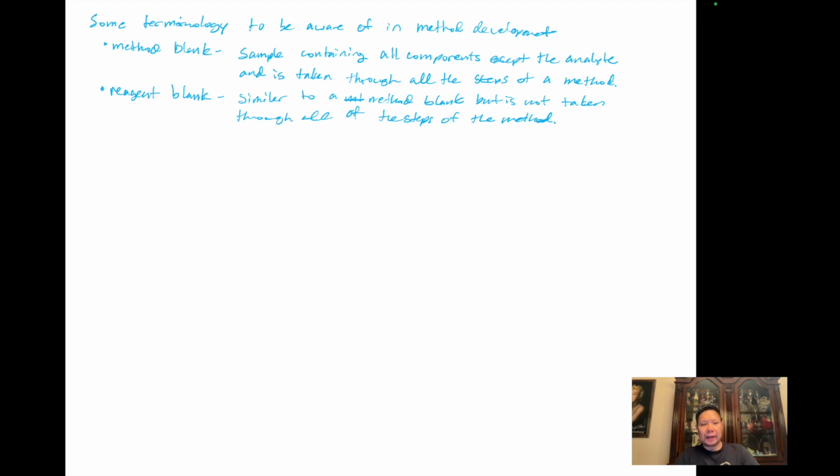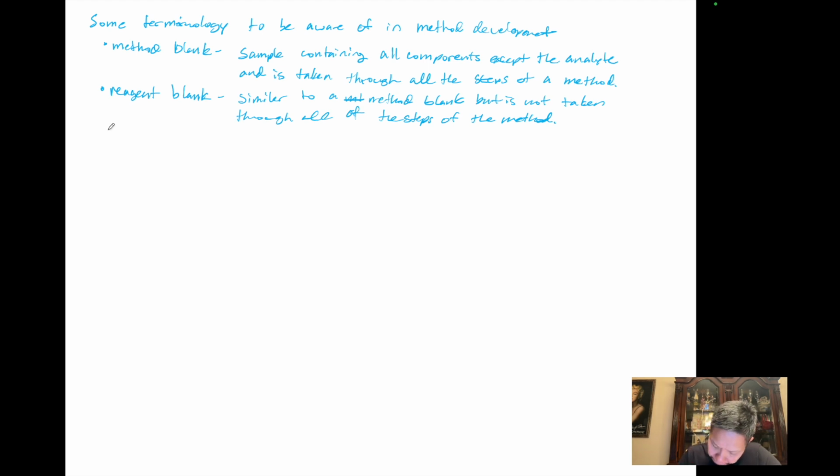A good example of that is if you were to have a blank that was DI water and you were to use it as a reference sample in a double beam instrument or something like that. DI water would be a reagent blank if you had other components in the sample that you don't have in this blank. And so the reagent blank again would be something like DI water.